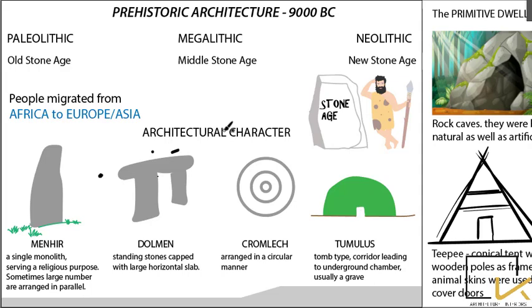That started around 9000 BC, during early man. The prehistoric architecture is divided into three stages: Paleolithic, Megalithic and Neolithic. Paleolithic represents the Old Stone Age, Megalithic represents the Middle Stone Age and Neolithic represents the New Stone Age.